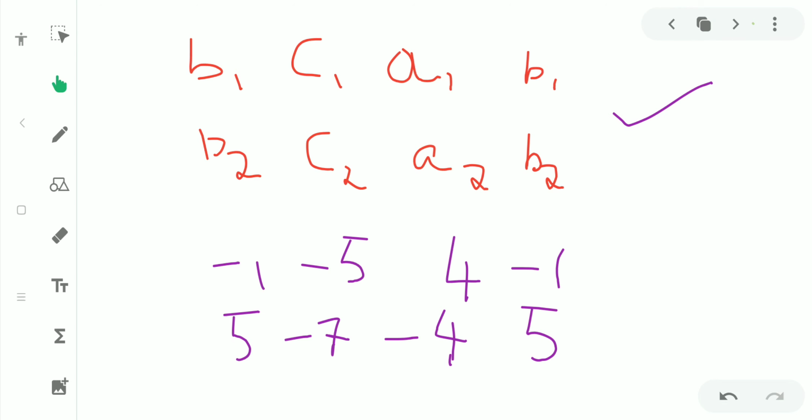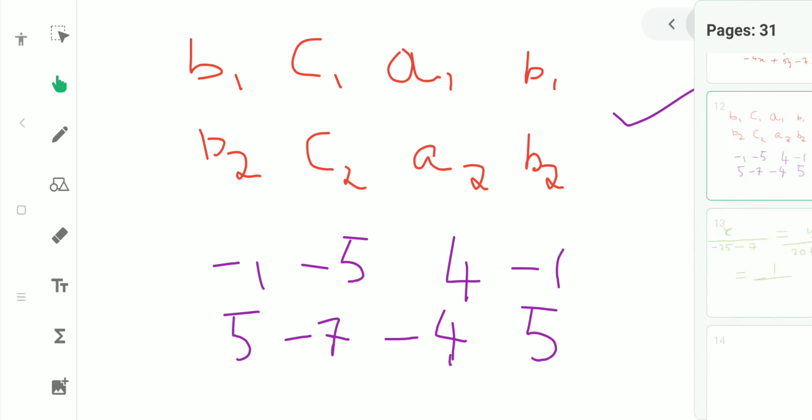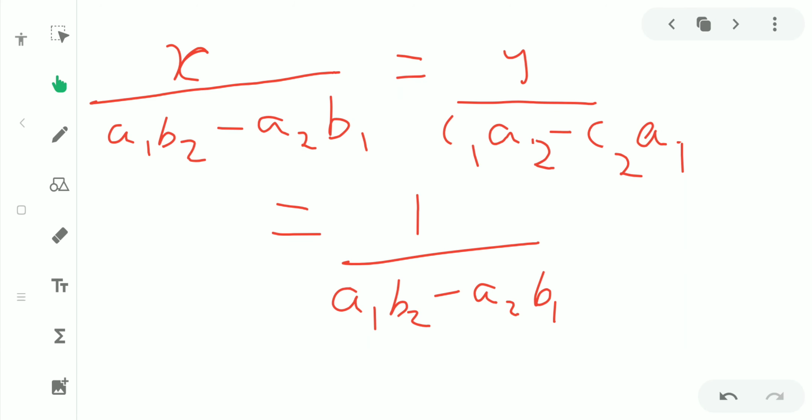Okay, let us get into the next one, that is 1 by A1 into B2 minus A2 into B1.